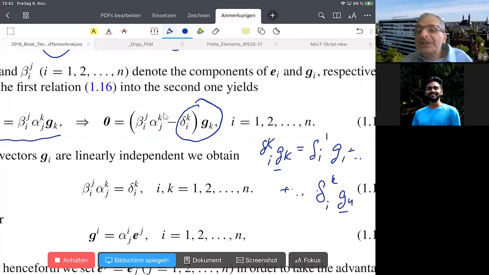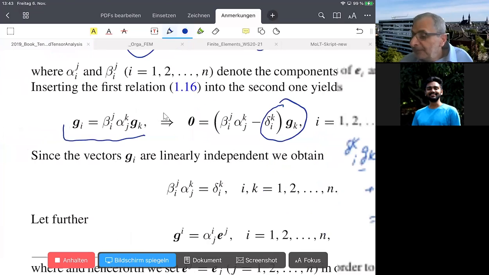In this whole sum, only one term will be non-zero, namely when i is equal to this number, only term number i, because otherwise delta will be 0. If i and this upper index are equal, delta will be 1, and only one term will be active. That means that this will be exactly this g_i, right?